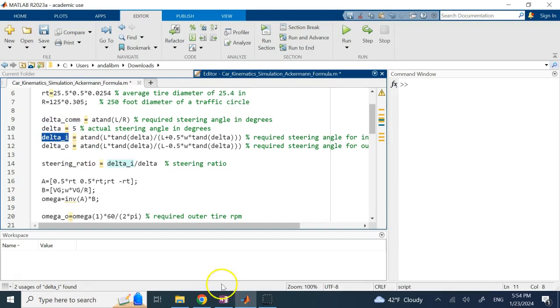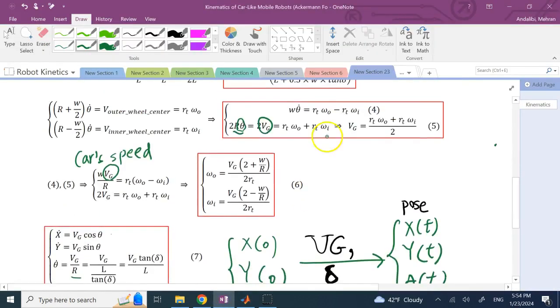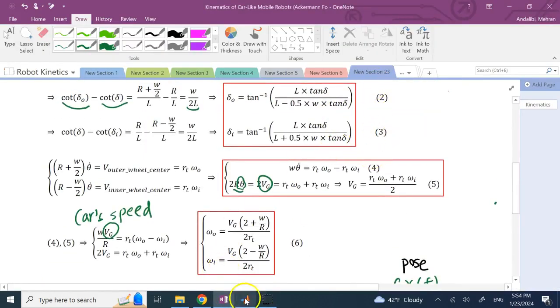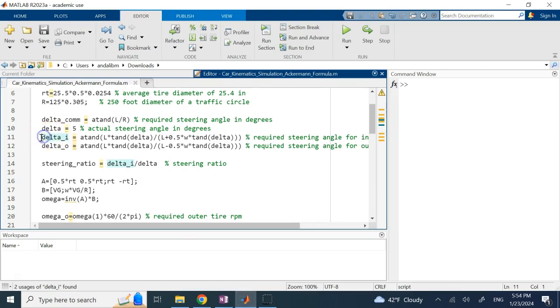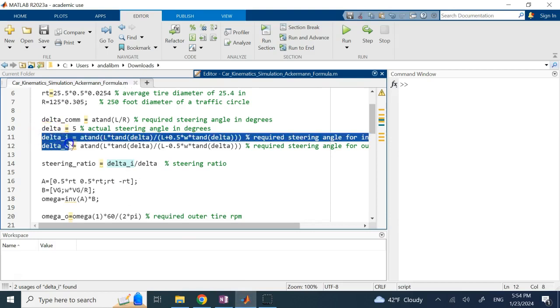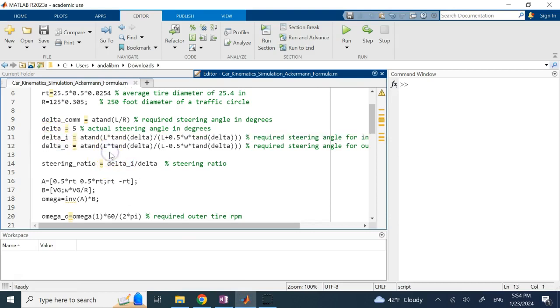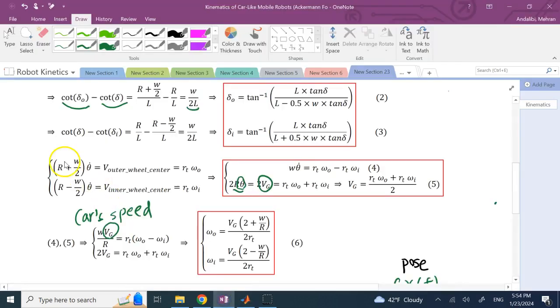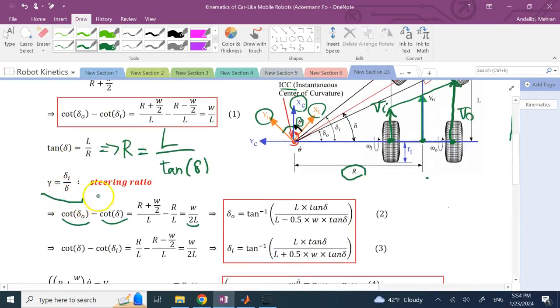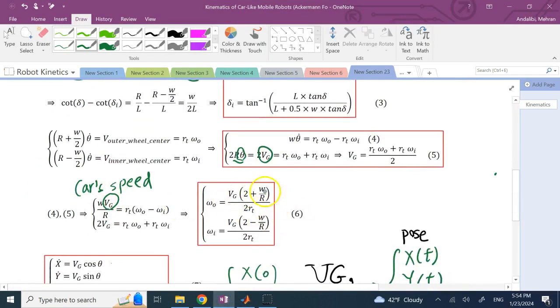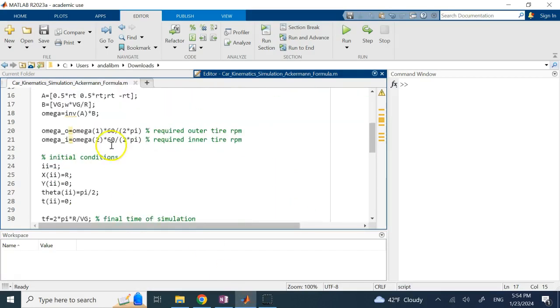And then here, based on those two formulas I showed you, equations 2 and 3, we calculated the inner and the outer wheel steering angles based on what we physically really give it. We calculated the steering ratio, this gamma here, and then we used these equations in 6 to calculate the required RPM.